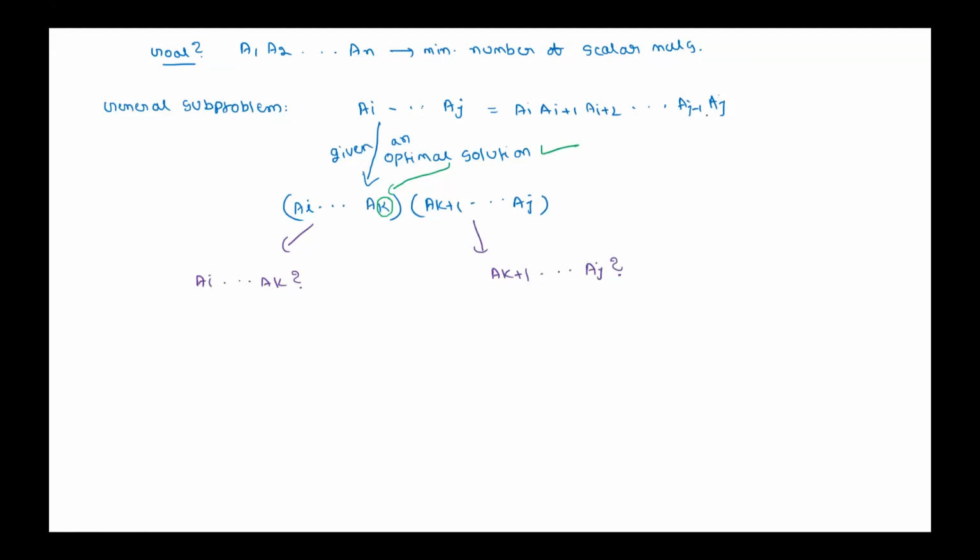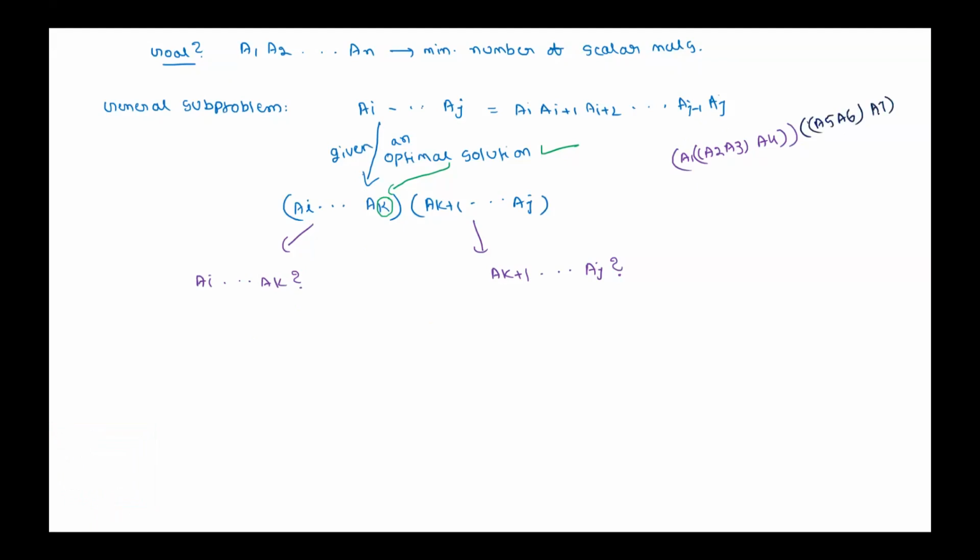For example, say we are given 7 matrices, A1, A2, A3, that we are going to multiply with A4. Say A5, A6, they are calculating first.